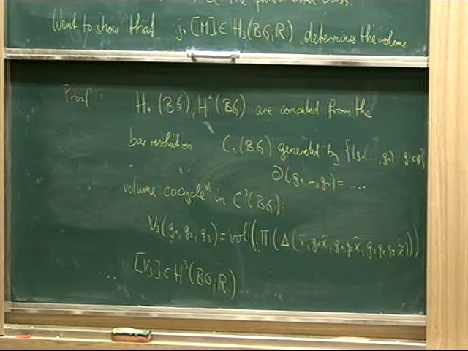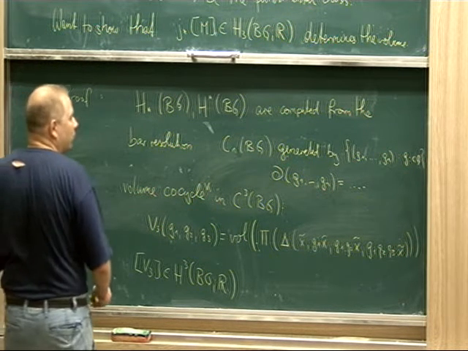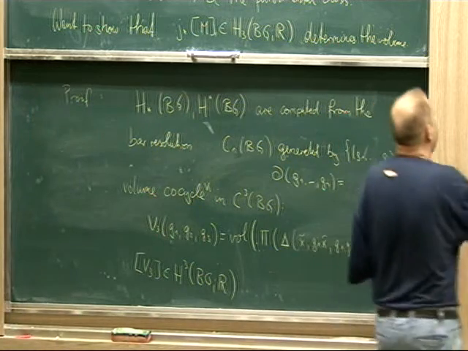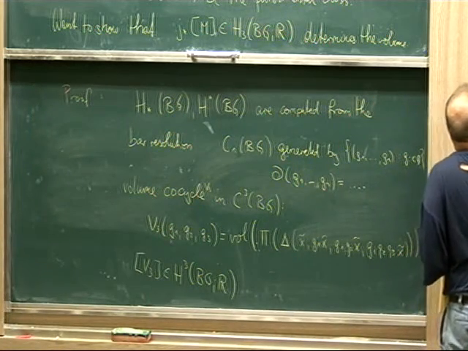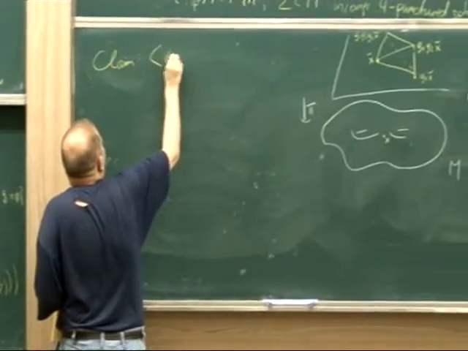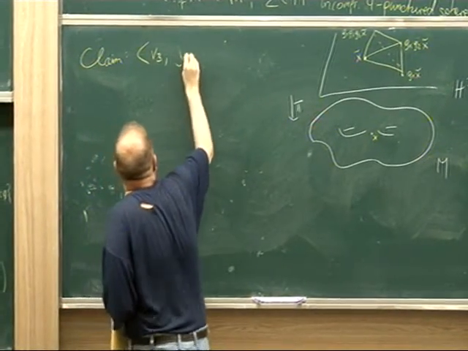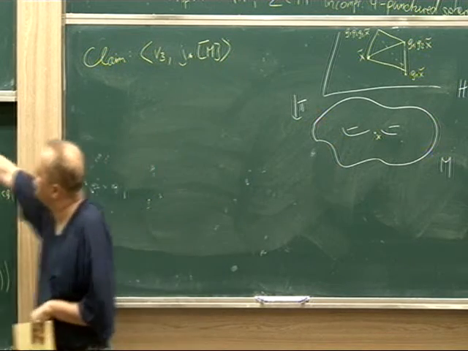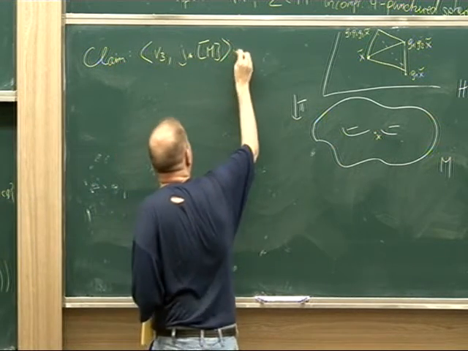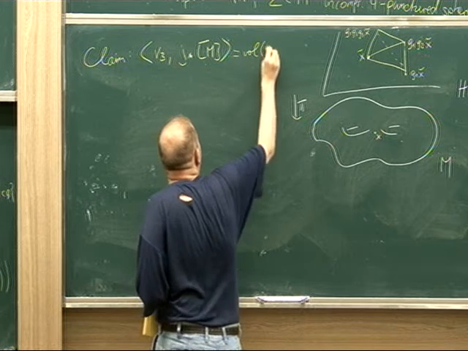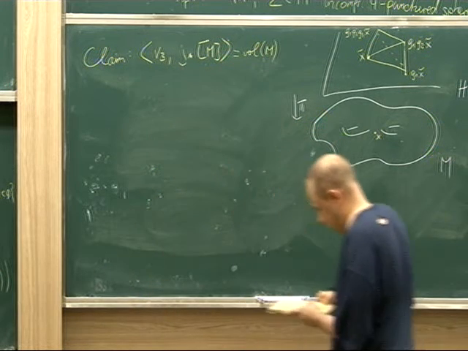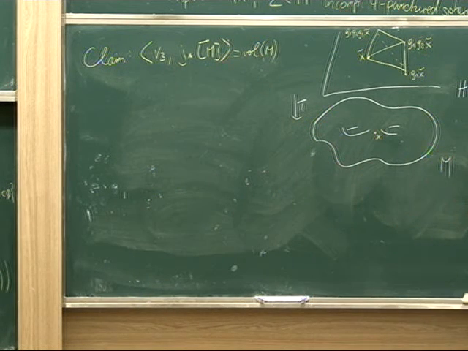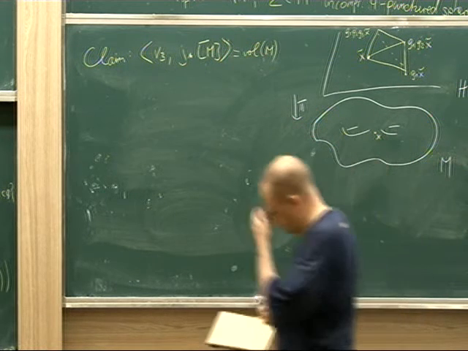The claim that I want to prove is that applying this cohomology class to our former homology class gives the volume of M. So why is this true?